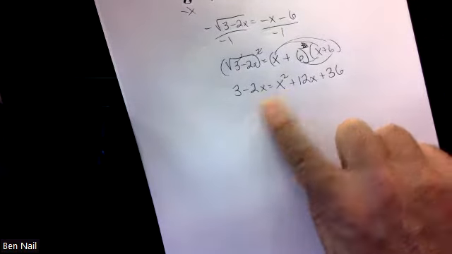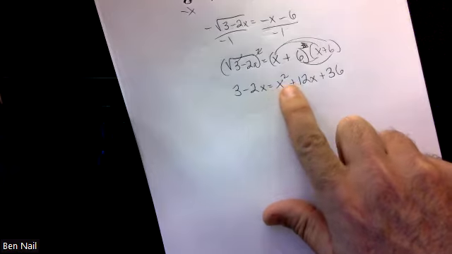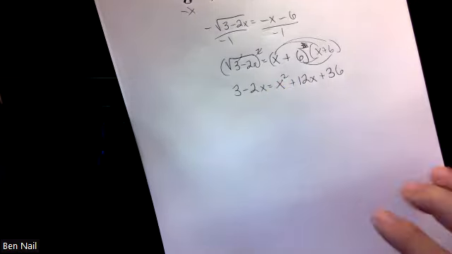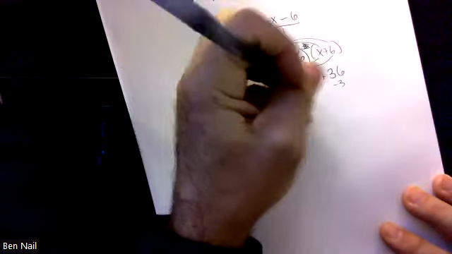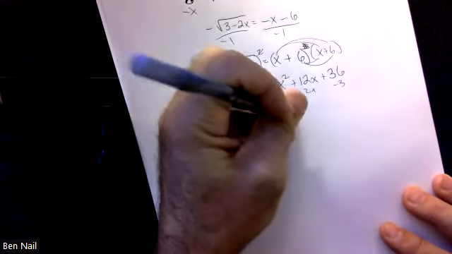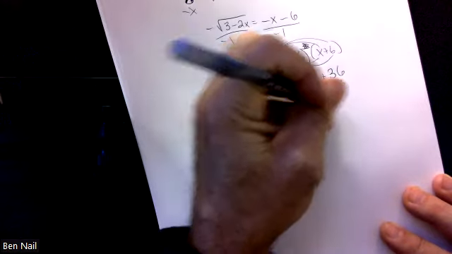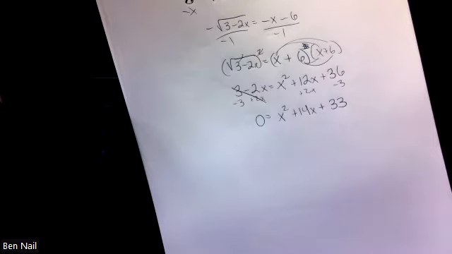To solve a quadratic, it's not about just isolating the variable like in a linear equation. When you have a quadratic, you've got to get everything on one side. And then we've got to solve by factoring or using the quadratic formula.